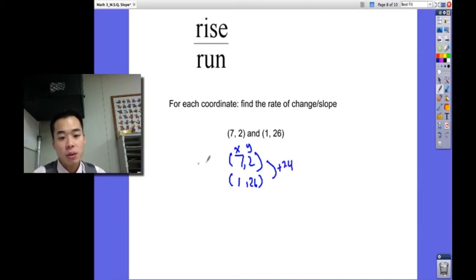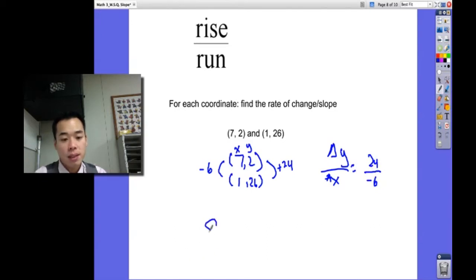From 7 to 1, that's a negative 6. Again, write this down: delta y over delta x. So y is 24, x is negative 6. I reduce that down. My slope is negative 4.